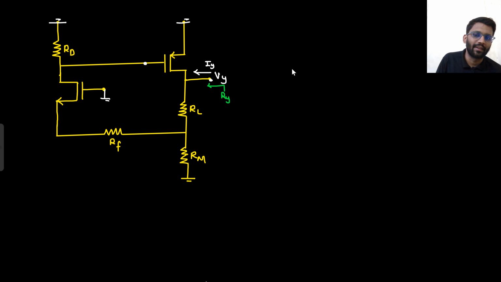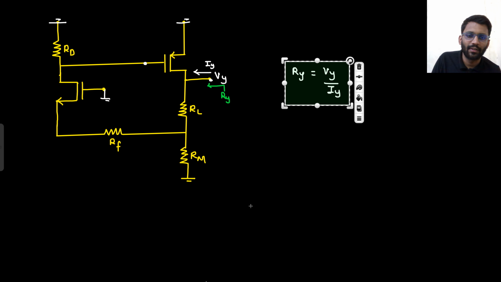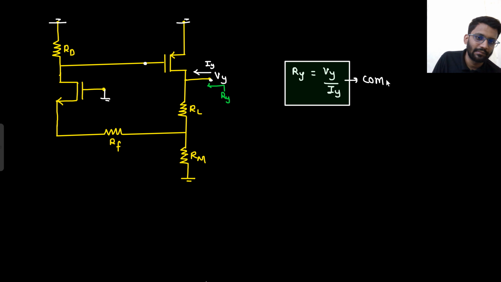So I'm going to write here Ry equals Vy by Iy. It will end up in a complex expression. But with the concept of feedback topology, we can reduce it.